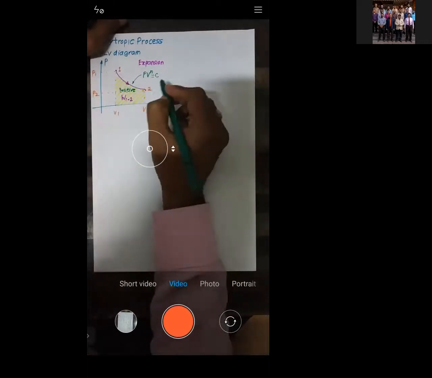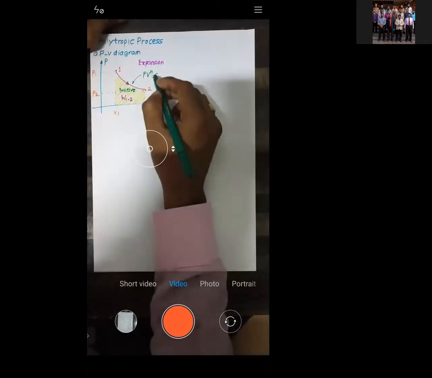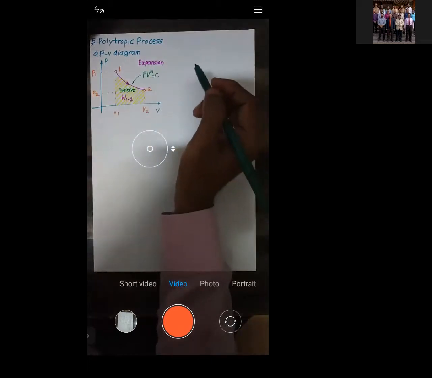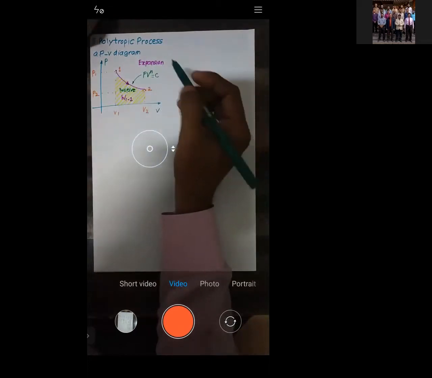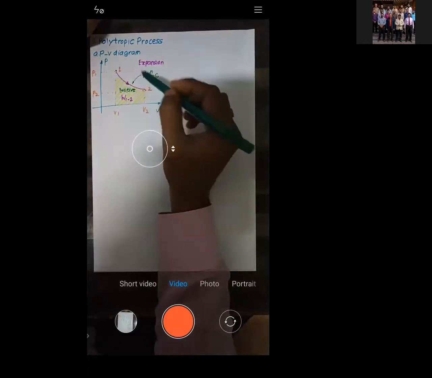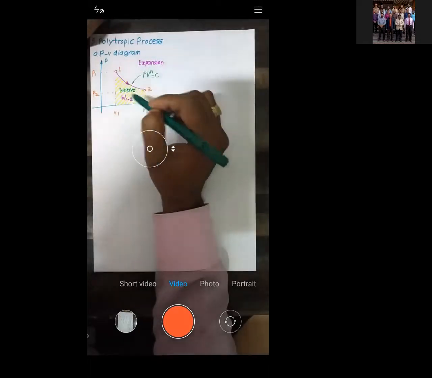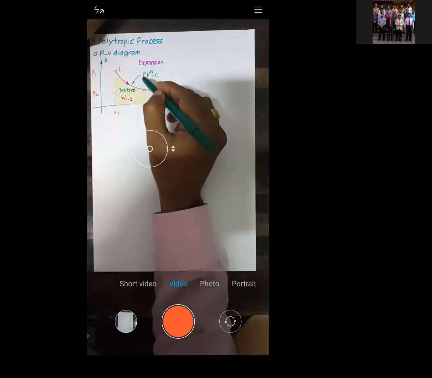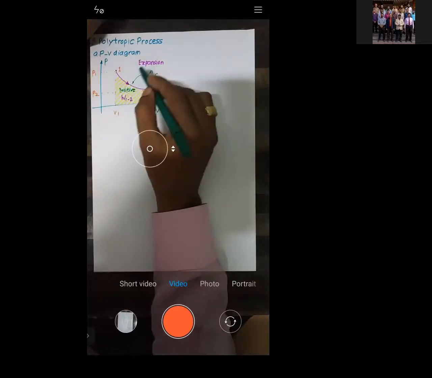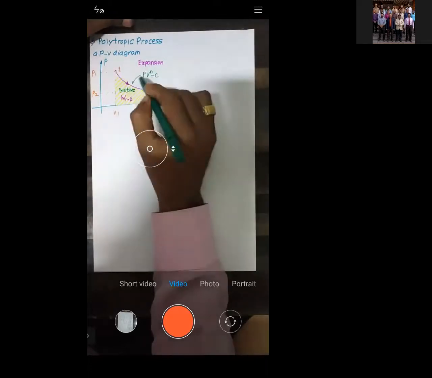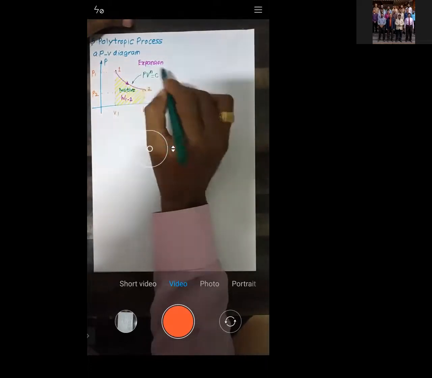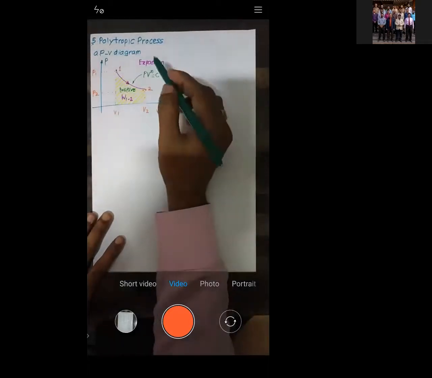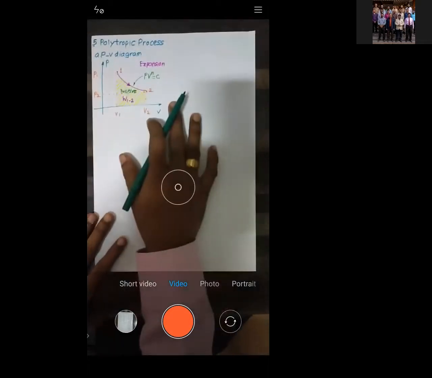And if you write PV^n = C, it is called a polytropic process. Whenever you draw an isothermal, adiabatic or polytropic process, it is necessary to mention the law, and only then will you be able to understand which process it is. This talks about expansion.